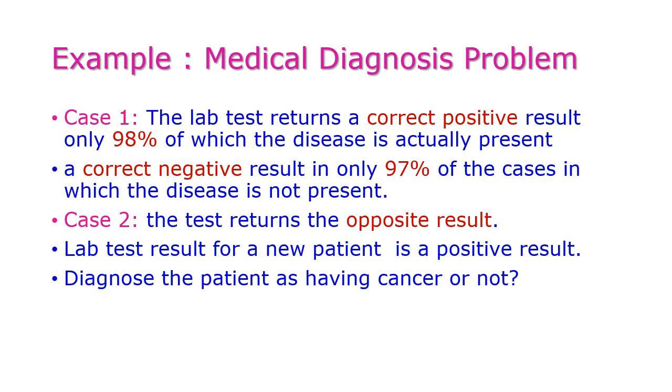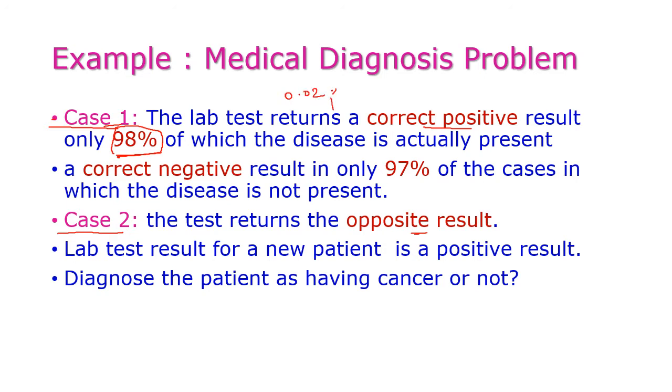Here we have two cases, that is, the lab produces the correct result, that is case 1, and case 2, the lab produces the opposite result. Let us see case 1. The lab produces a correct positive result only for 98%. That means if the patient has cancer, then 98% of the time the lab produces the correct result, and negative result 0.02.